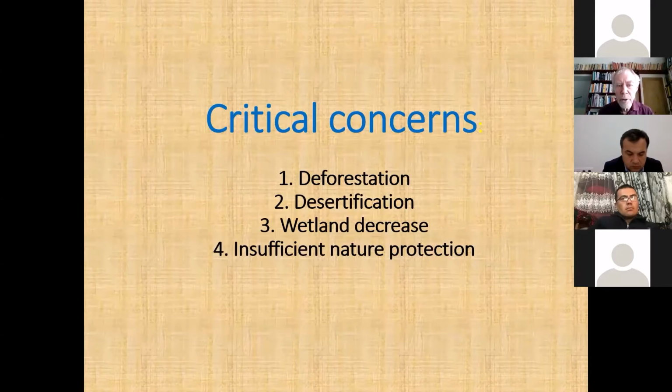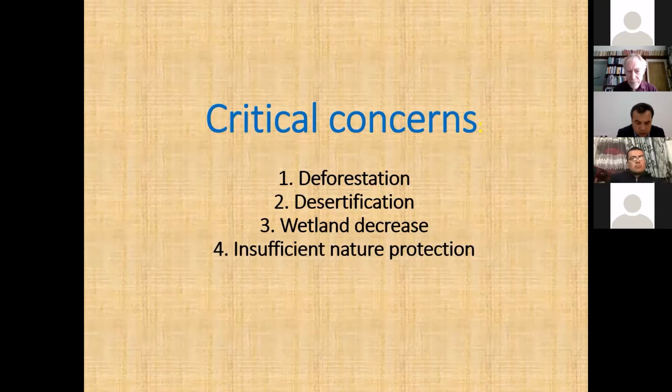We are concerned about desertification. This is a huge topic, desertification. And we also see wetland decrease. We take away wetlands. And we see much insufficient nature protection. So these are critical concerns for the land area of our planet.